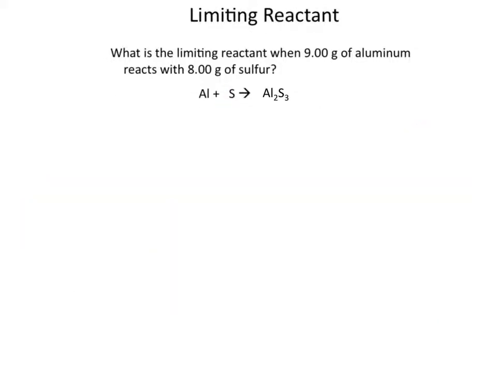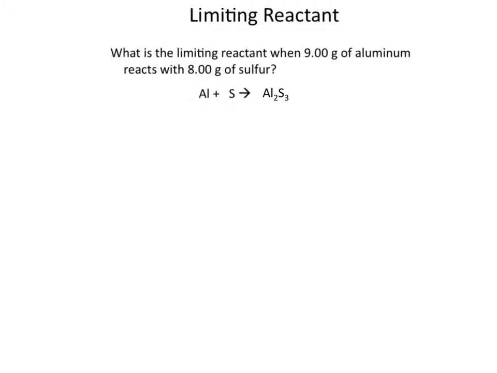So here is our last example, and it says, what is the limiting reactant when 9 grams of aluminum reacts with 8 grams of sulfur? The first thing we need to do before any stoichiometric problem is make sure we have a balanced equation. In the last example, I gave you a balanced equation, but in this example, we have to balance it.